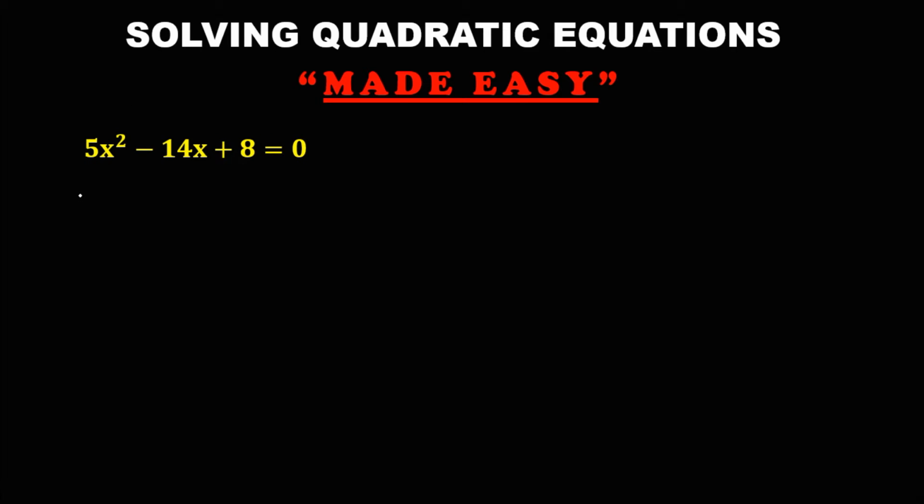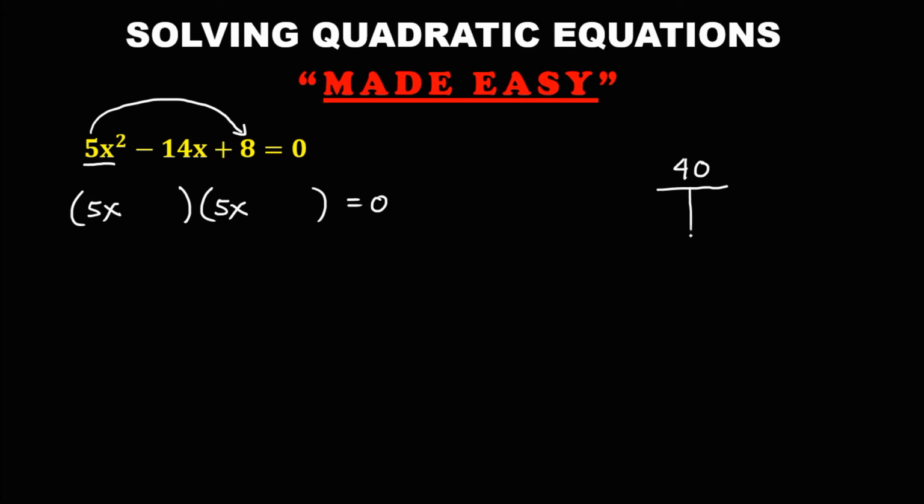Then for this given, to find the factors, again, since the first term is 5x squared, we need to put 5x to both sides of the factors. Then multiply these numbers, 5 times 8, which is positive 40.